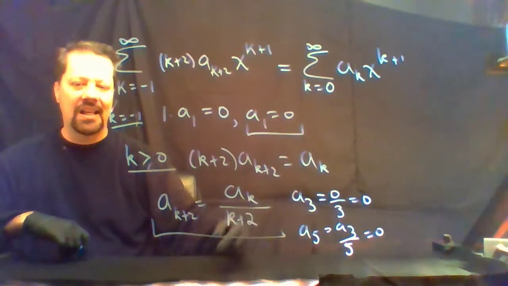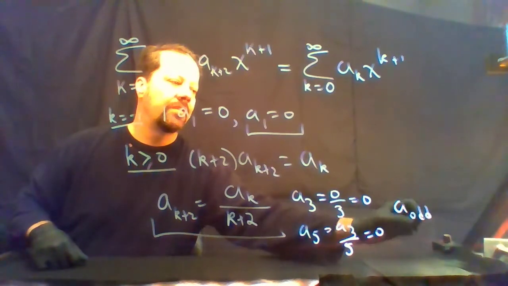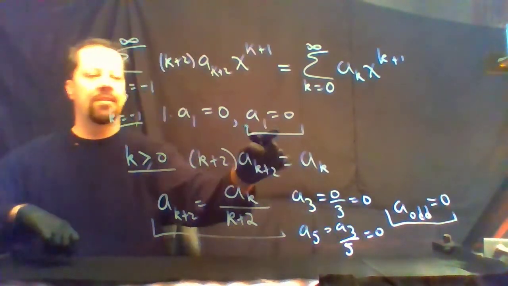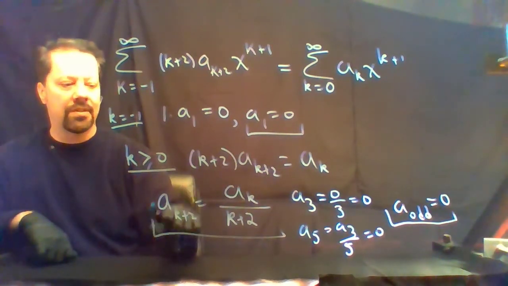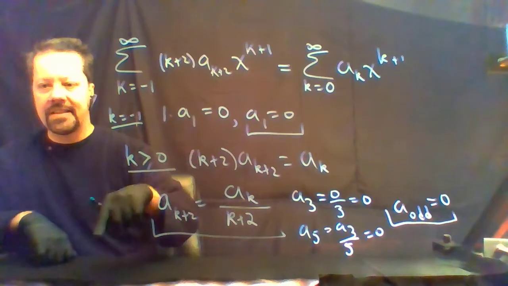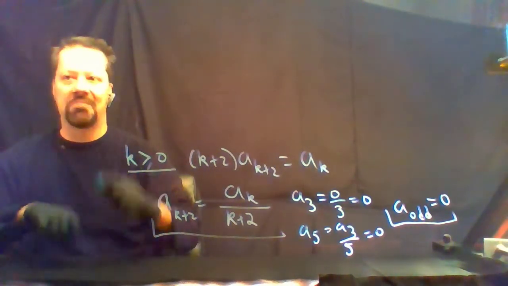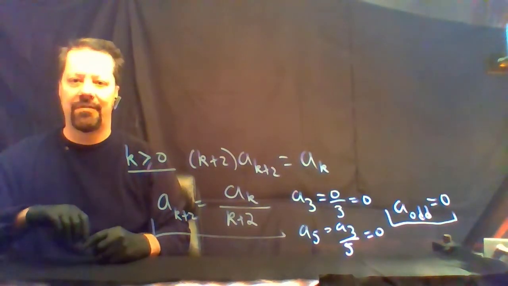Going on down the line, you can see that all odd coefficients will be 0, because the first odd coefficient is 0, and then all coefficients are determined by this every other one principle. To solve this problem, we have only to determine the even coefficients.